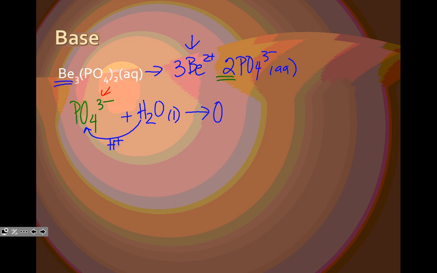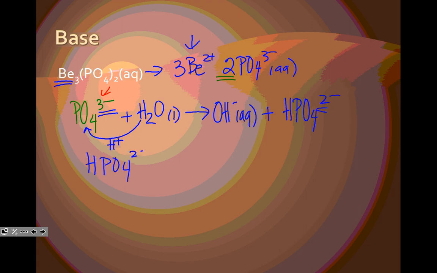Let me just put this in, because we know that it's a base, so we have OH minus for sure as one of my products. Now we have HPO4 2 negative. It's 2 negative because it started off as 3 negative, right? But we added to it a positive charge, so that got rid of a negative charge, so we have 2 negative. So now we have to react 2 more times, right?